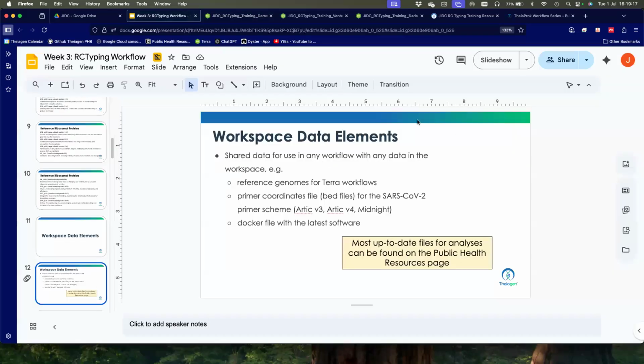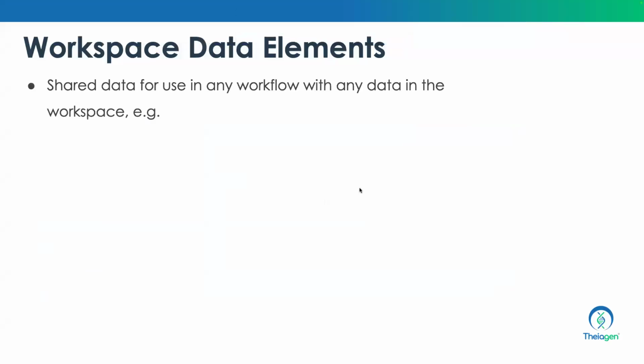Going back to my slides here. This is data that is generally shared for use in any workflow within your specific workspace. This could be reference genomes that you use across different workflows.